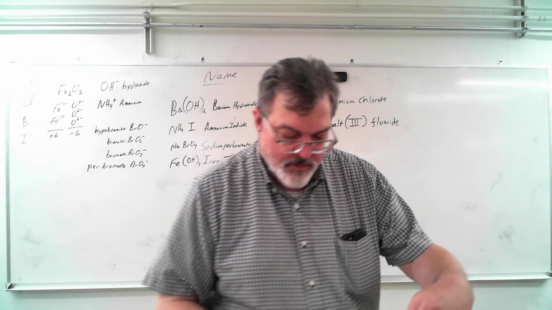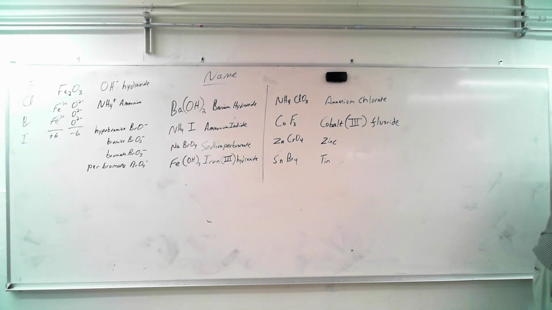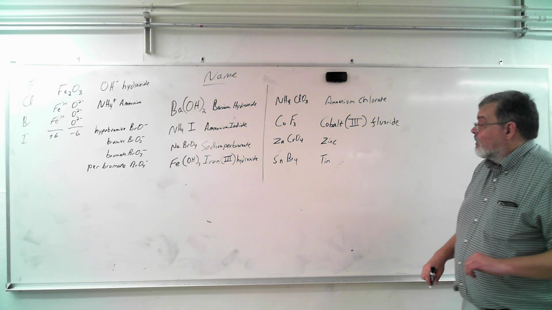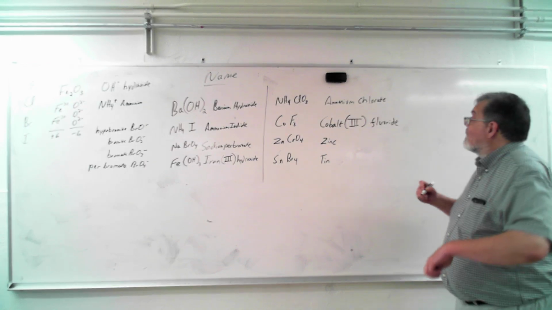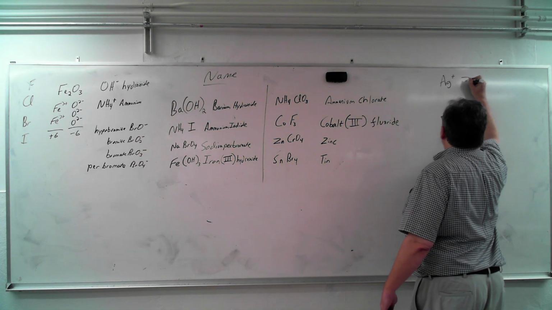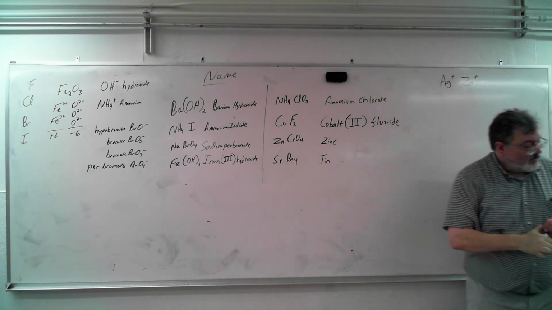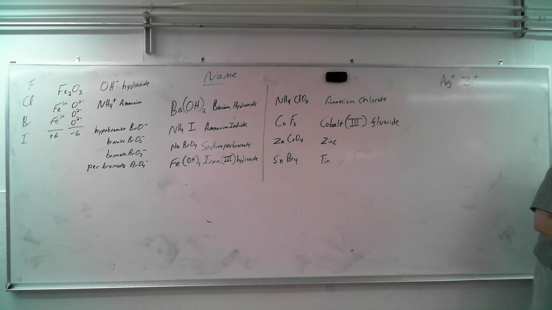I forgot what cadmium is. Cadmium is, I think it's 2. But silver and zinc, I think are both 1. I won't write down cadmium, but I think it's 2. Just don't remember. I'll look it up just to be complete.